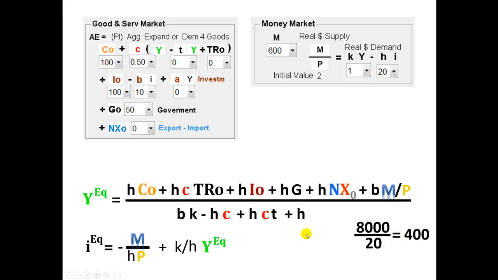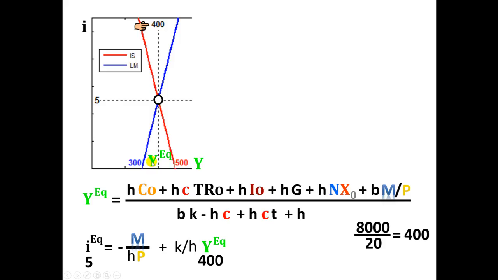So income in equilibrium is 400. Then you use this 400 here and you get that the interest rate in equilibrium is 5, using the information that we have in the money market. Knowing these two values, we know that income in equilibrium is 400, which is this 400, and the interest rate in equilibrium is 5, which is this 5.